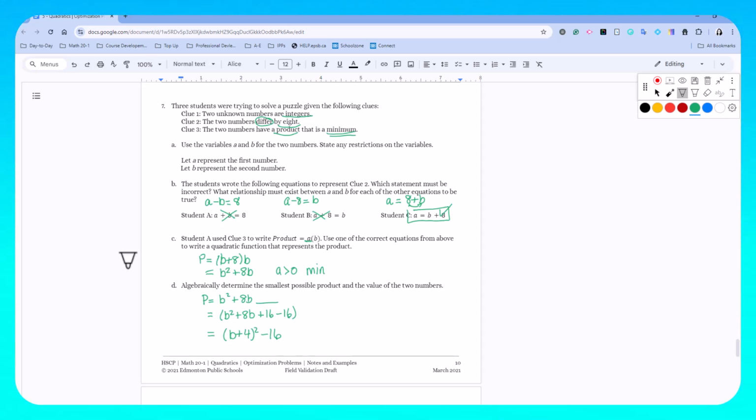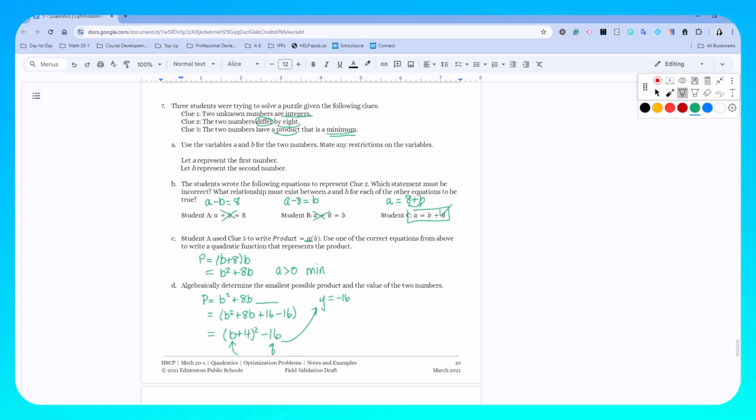This tells us that the smallest possible product is when y equals negative 16. In other words, that's that q value right here. So the q value is the minimum value because a equals 1. Well, what are the other numbers?